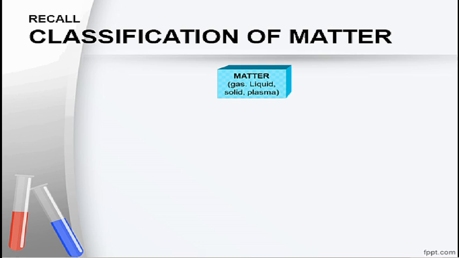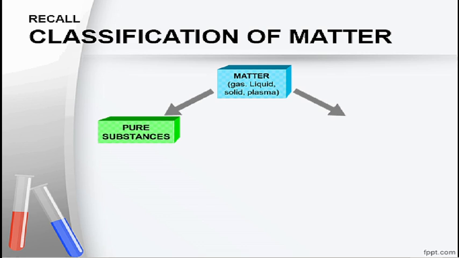Last time we dealt with classification of matter. When we say matter, this can be in solid, liquid, gas, or plasma form. Matter can be further classified into pure substances or mixture. When we say pure substances, it is composed of the same type of substance.